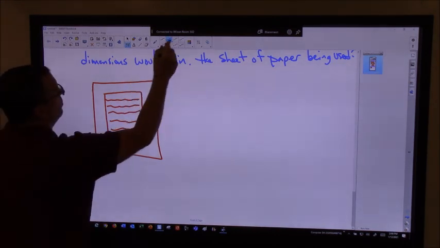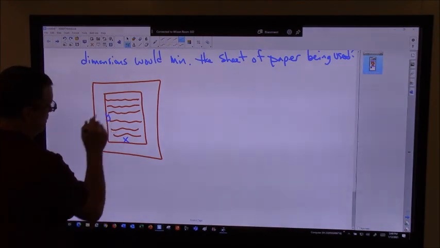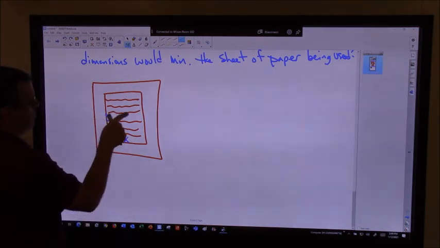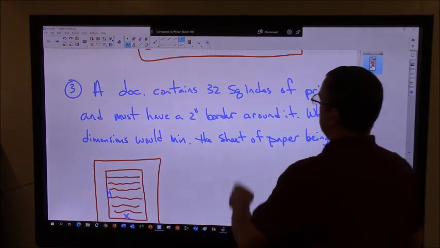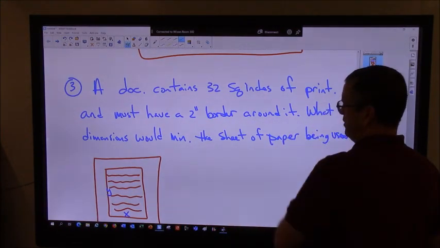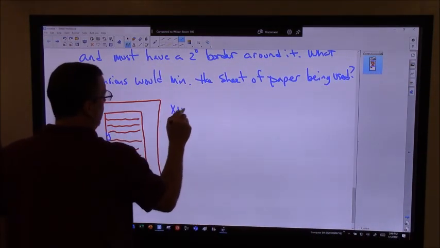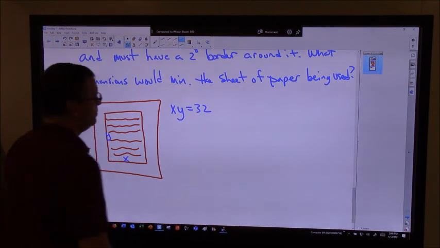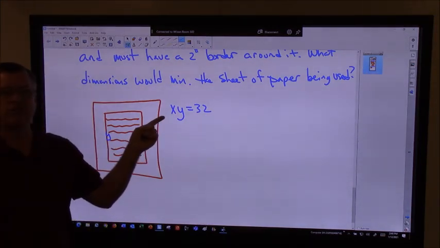Well, one thing I know, if I say that this is x and this is y, these two lengths, I know that x times y would give me 32 square inches. Right? 32 square inches of print. So that's the first thing I know. xy equals 32. So think to yourself real quick, primary equation or secondary equation?